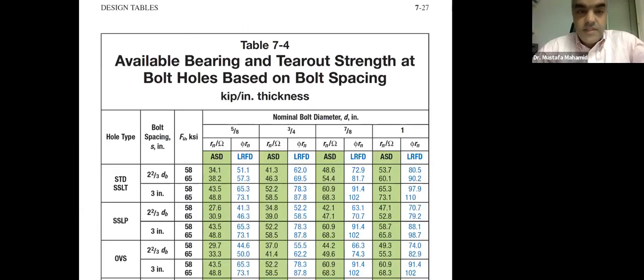Now for this also, there is a table where we can get values of these equations from the AISC manual, from part 7. There's table 7.4, the available bearing and tear out strength for bolt holes based on bolt spacing.